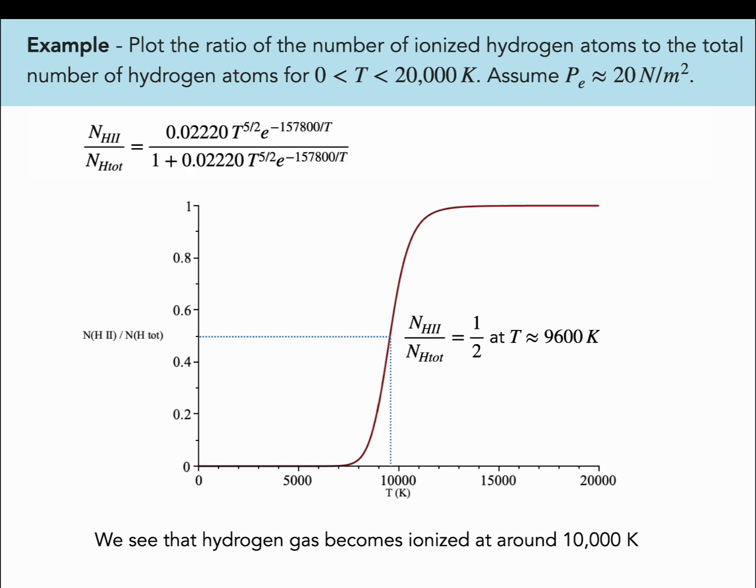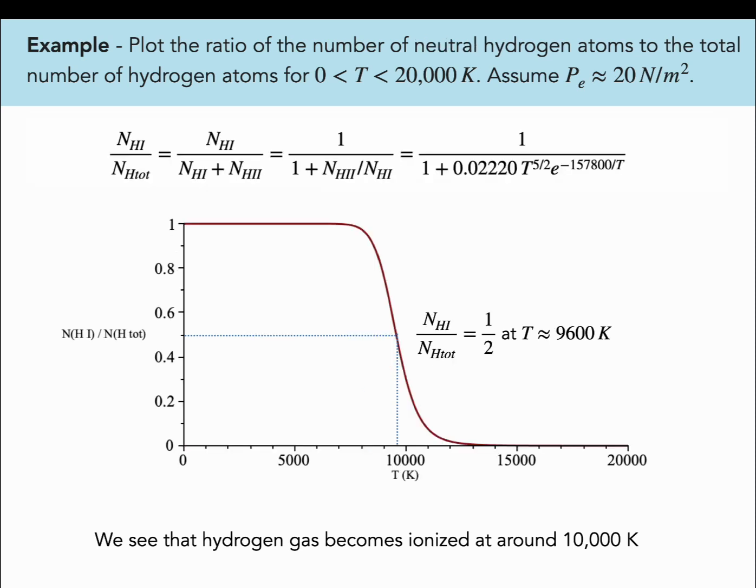So there's a transition zone between about 7,000 K and 12,000 K where the hydrogen is becoming more and more ionized. So there's a phase transition between being neutral and ionized. When that ratio is equal to 1/2, that occurs at about 9,600 Kelvin, or rounding it off, about 10,000 Kelvin. That's a good number to keep in the back of your mind.